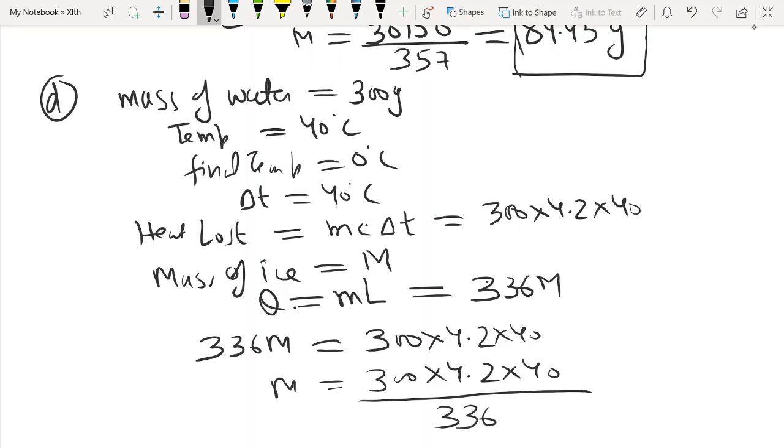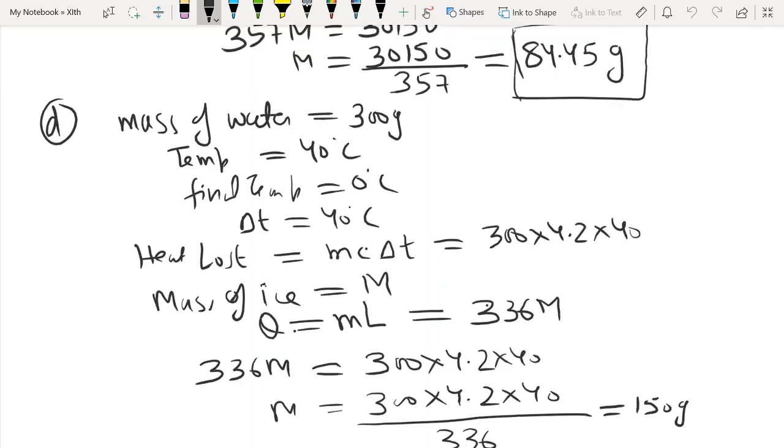Now this will give you mass of the ice, which is 150. So we will have 150 grams of ice which is required for this.